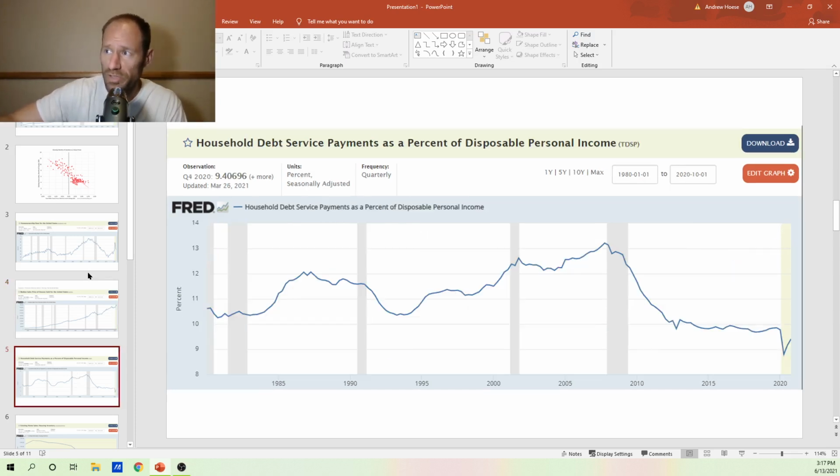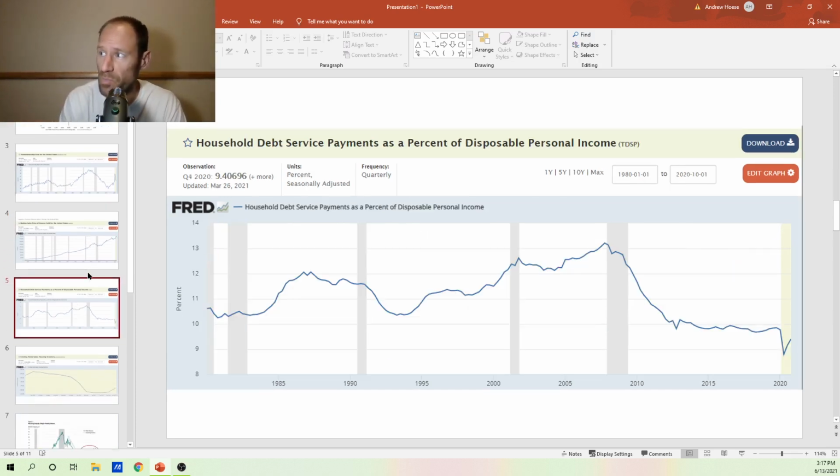Now here's household debt service payments as a percent of disposable personal income. Look at that. We are at all-time lows, which means that the debt service payments have never been lower, which means homes have never been more affordable as a percent of disposable personal income. How is that possible?